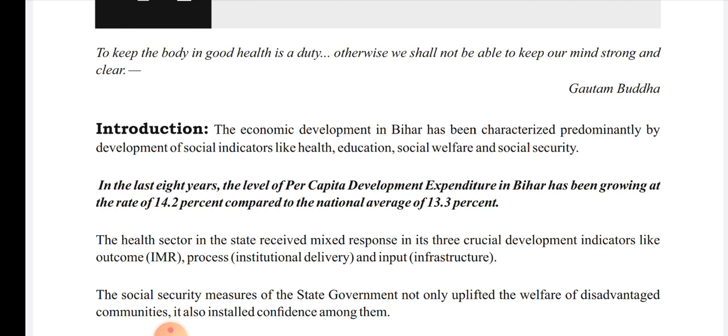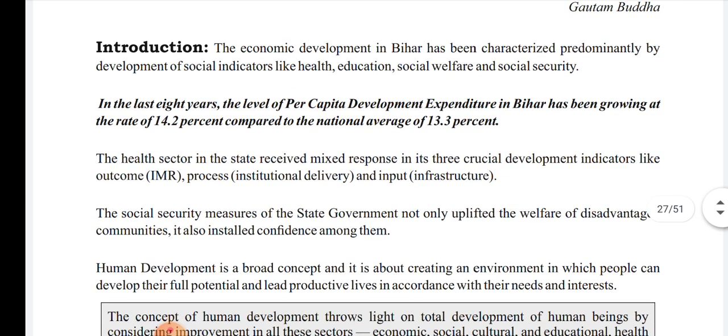So look at this carefully, so that not only is the fact remembered, but you also understand the trend. This data talks about the development story of Bihar, and that's the reason we are doing this complete detailing and analysis of this Economic Survey.